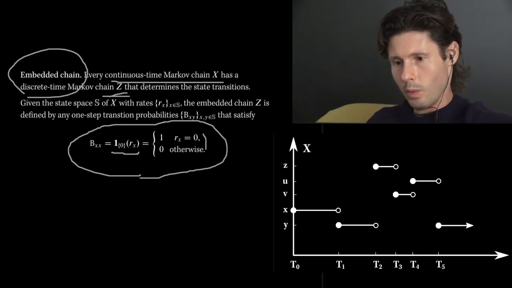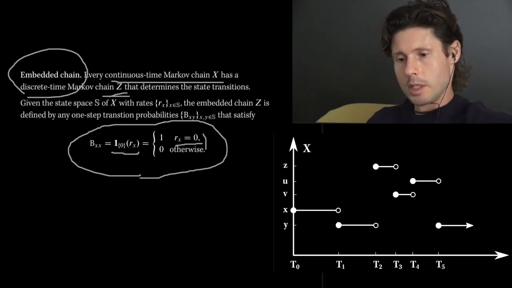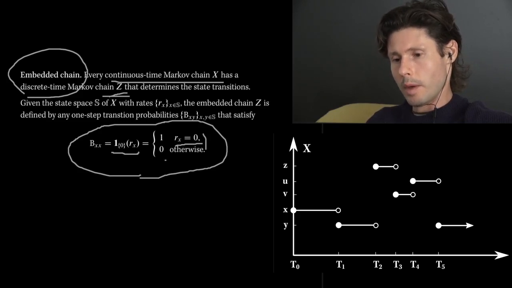However, when the rate is not 0, it means that we're going to leave the state eventually, and in that case, the embedded chain better have no self transition, right?